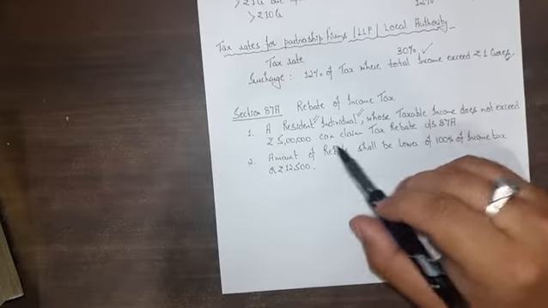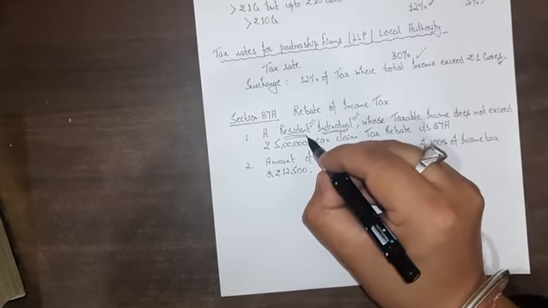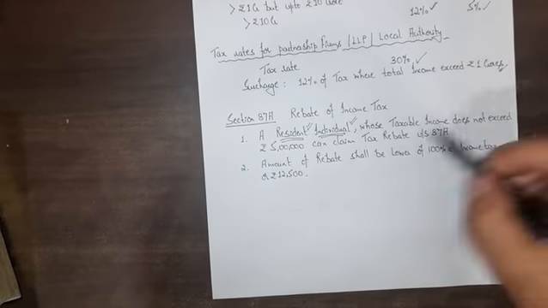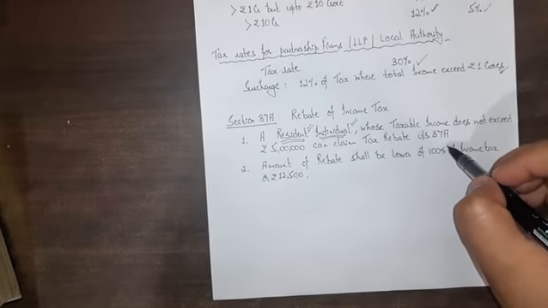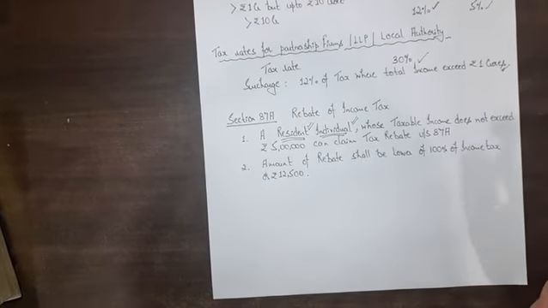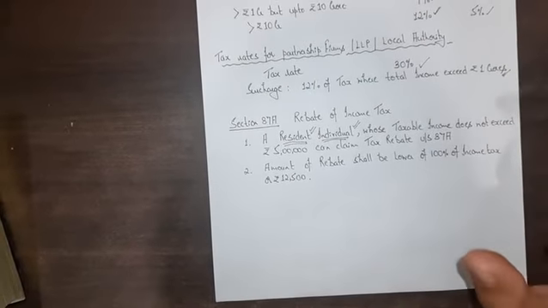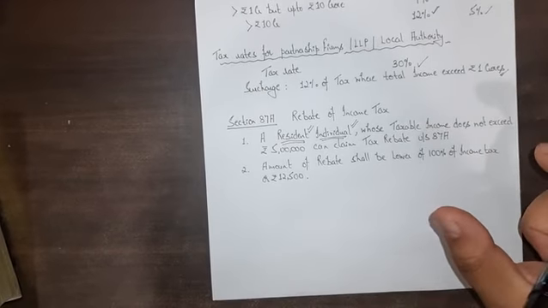It is just applicable to an individual, and that too a resident individual. A resident individual whose total income does not exceed 5 lakh can claim tax rebate under 87A.